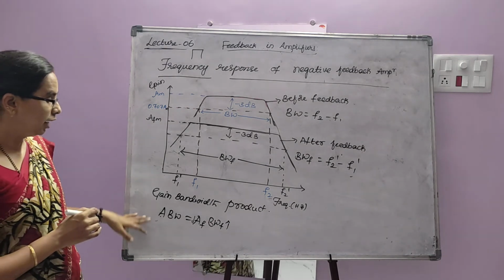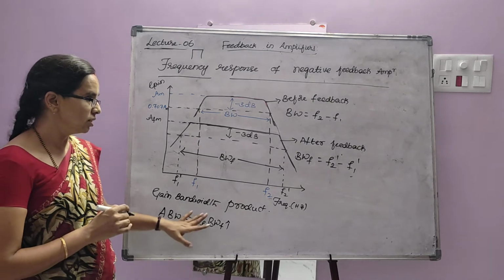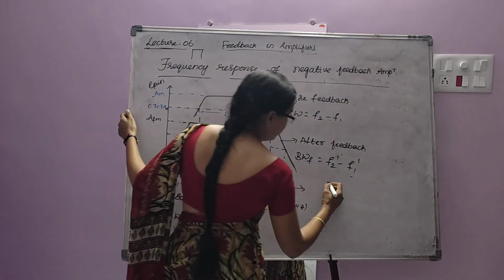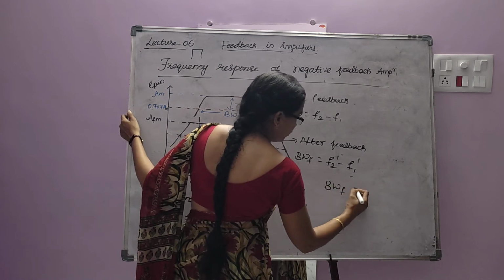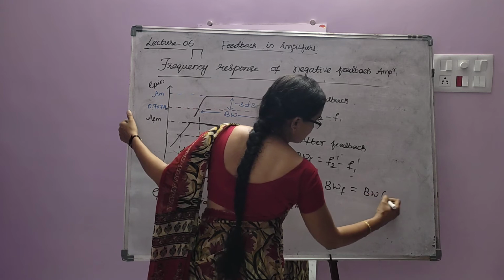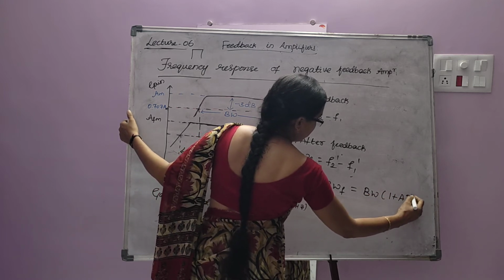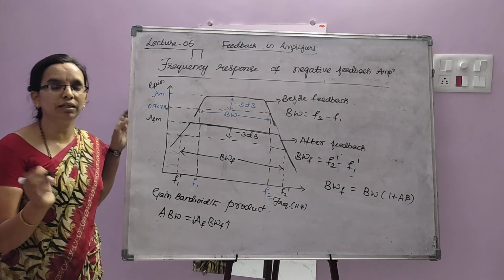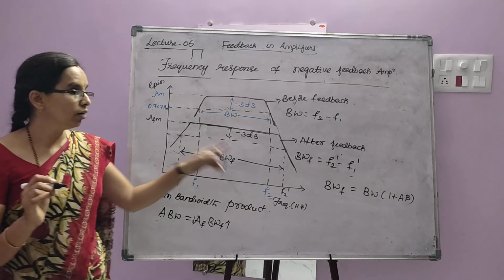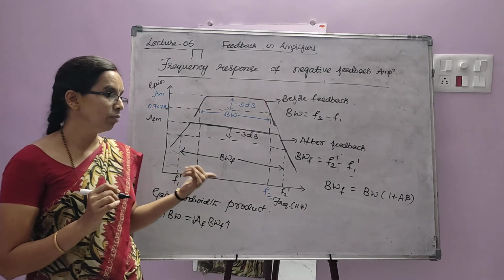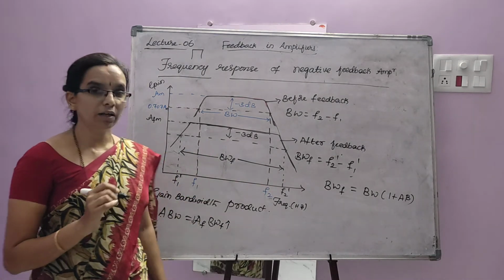So here the gain bandwidth product is constant, in the sense the bandwidth after feedback will be increasing by the factor 1 plus A beta, because the gain of the feedback amplifier decreases by the factor 1 plus A beta, and therefore the bandwidth will be increasing by the factor 1 plus A beta.